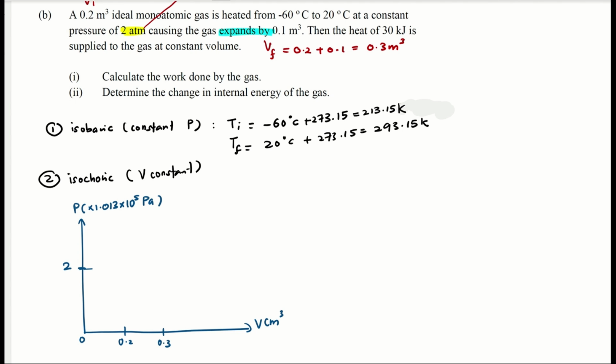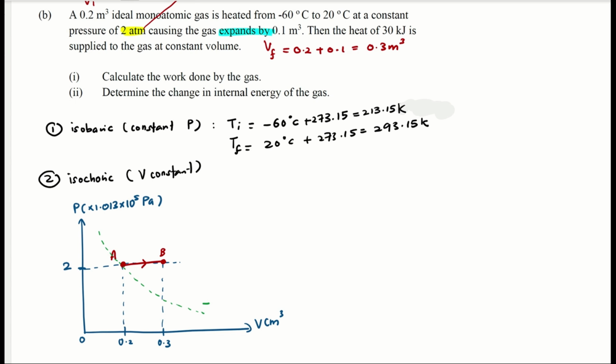So kalau kita sketchkan, the process, let's say from A to B at constant pressure. Okay, sebab dia kata dia expand kan, A to B. And then what happened to the temperature? T initial 213. So kalau saya lukis the line of the temperature, so the temperature initial here on the green line.